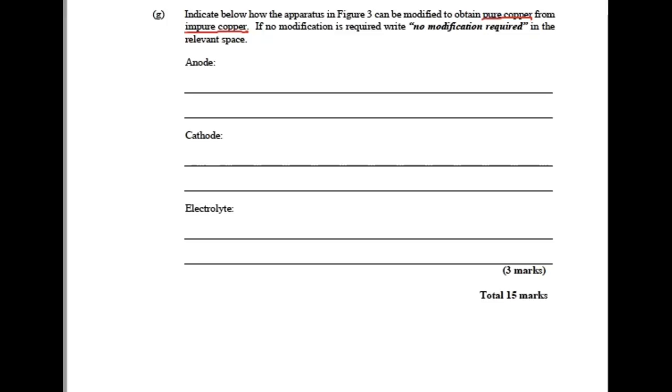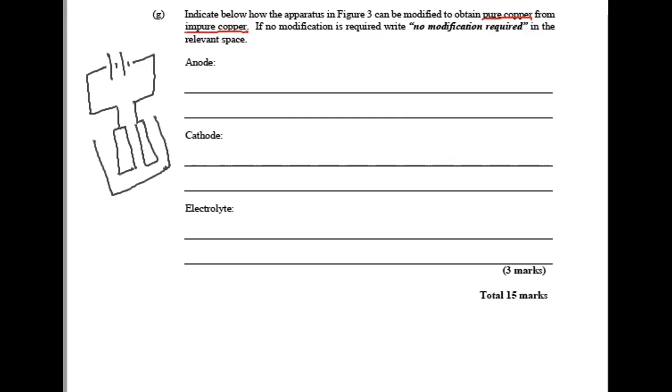So I'm just going to do a little sketch here just to not disrupt the flow. This is what our diagram looked like. We had a platinum anode and a platinum cathode, and they said that the electrolyte was copper 2 sulfate.